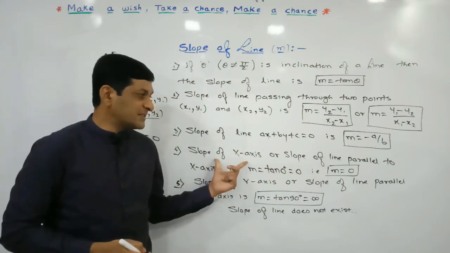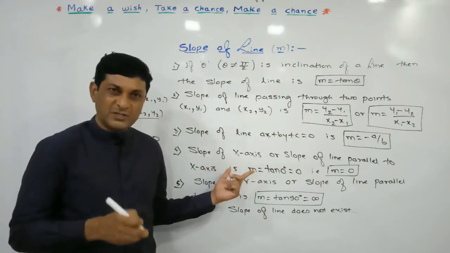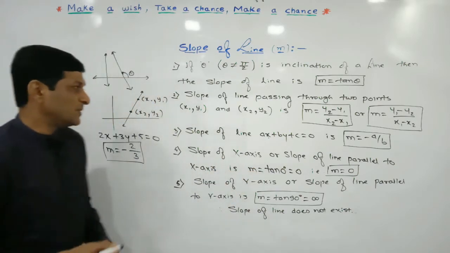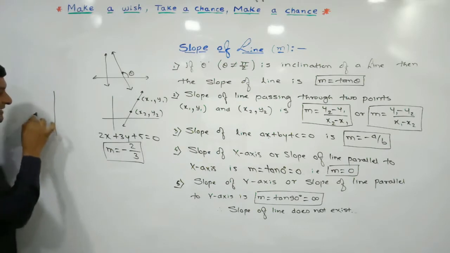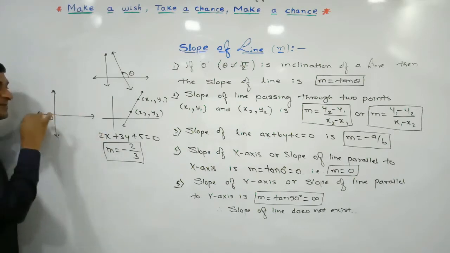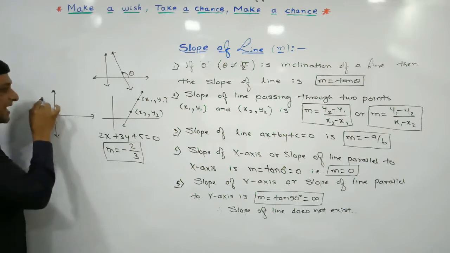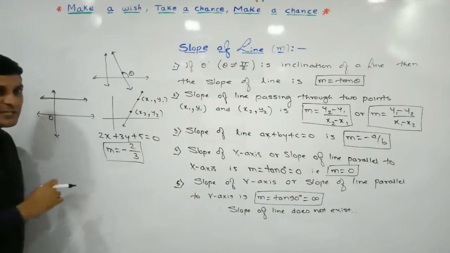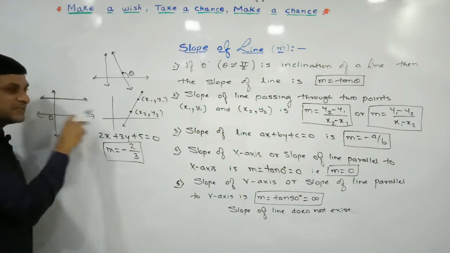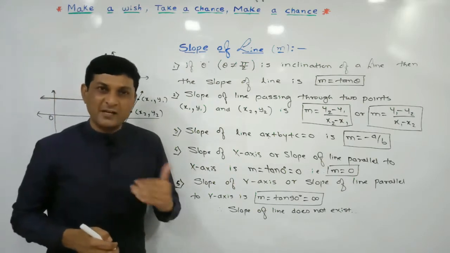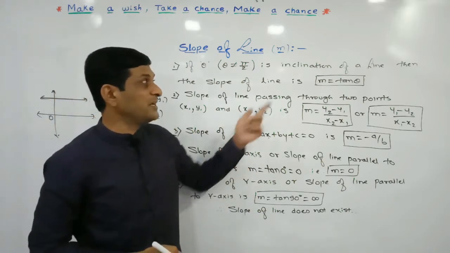Now we are discussing a method to find the equation of the x-axis or a line parallel to the x-axis. Let us consider the x-axis. This x-axis makes how much angle with itself? Definitely 0. And if a line is parallel to the x-axis, the angle made by this line with the x-axis is also 0. It means the inclination is 0. The angle made with the x-axis is called inclination.